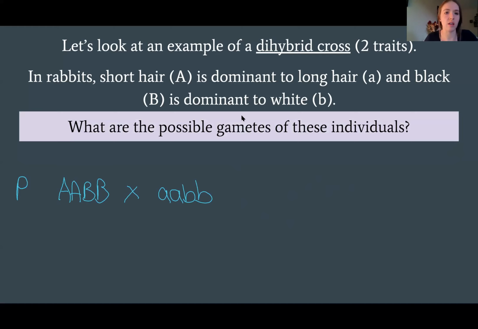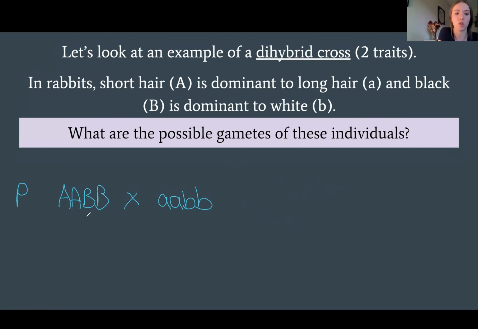Well, now the question here is, if we're going to be breeding these individuals, we want to know what are the possible gametes of these offspring, or what are the possible gametes of this generation. So if you were to do the standard process, what we did in class and what you've seen before in other videos, if you were to combine all of these different gamete possibilities, then you would potentially get four different gamete combinations.